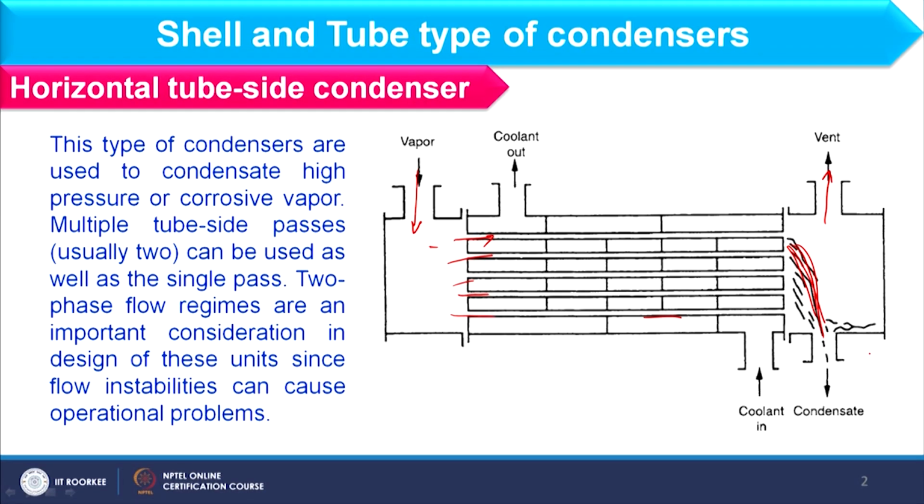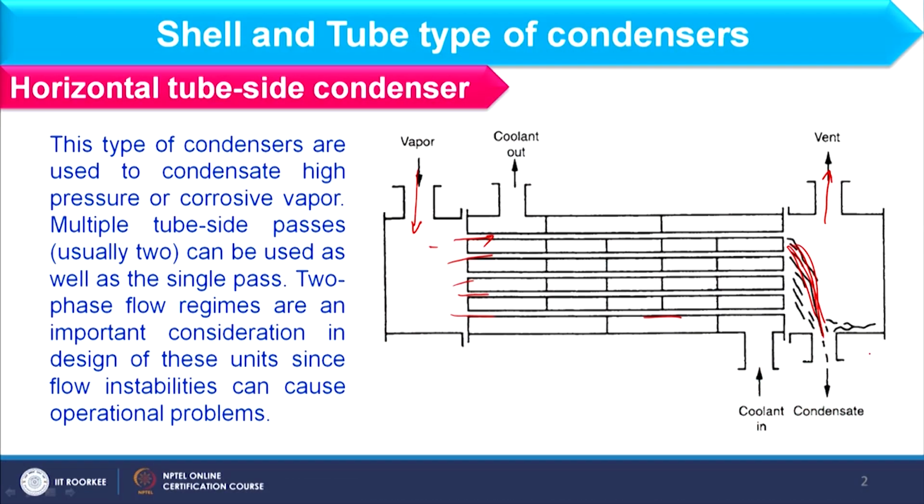This point we also discussed in the last lecture: wherever the steam or vapor enters the system, on the same side we usually place the vent as well as the steam trap. In this case, coolant usually enters the shell side and exits from the other end of the shell side.